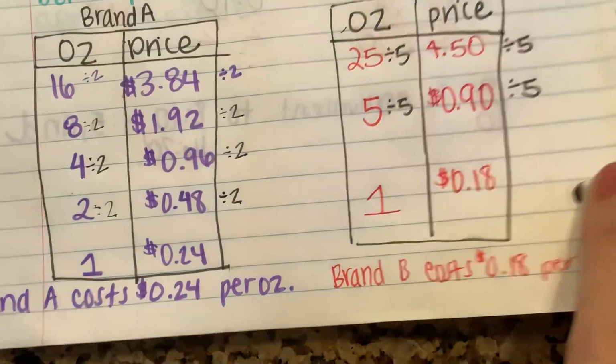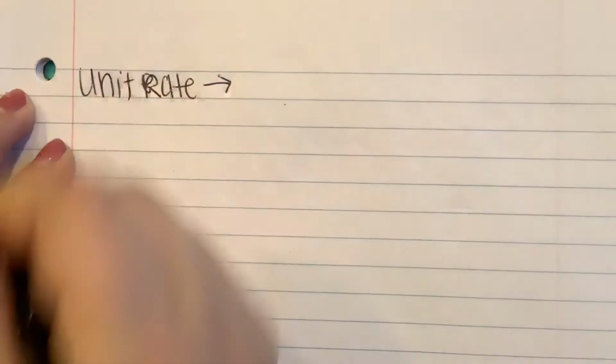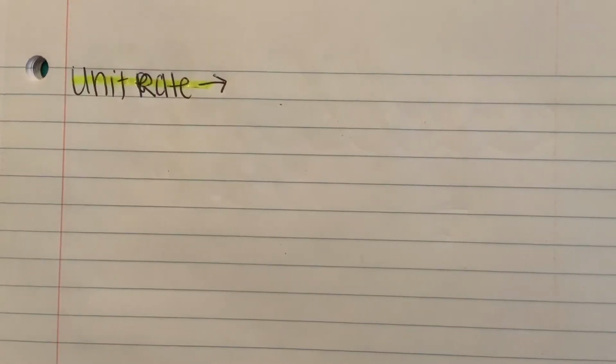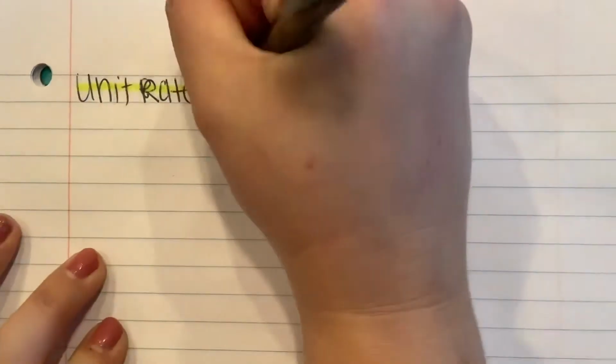All right, let's take a look at unit rate now. This is 6.2 part 2 for unit rate. What is unit rate? So this is our first vocabulary word. Unit rate is a rate in which the second quantity is 1 unit.